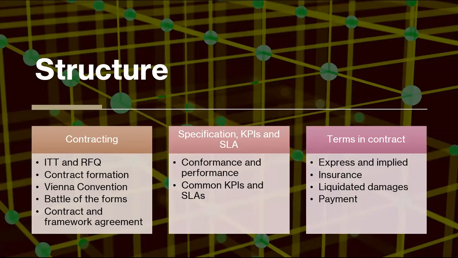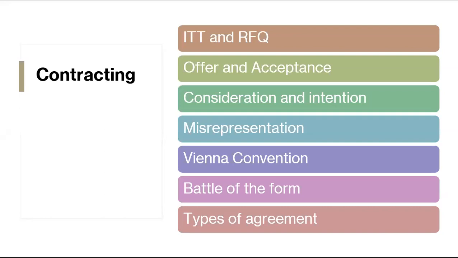Okay, so we start with chapter 1. In chapter 1, as I said, the focus is on how the contract is formed legally, and it also mentions some other aspects of contract, like the type of agreement being used in procurement and supply.